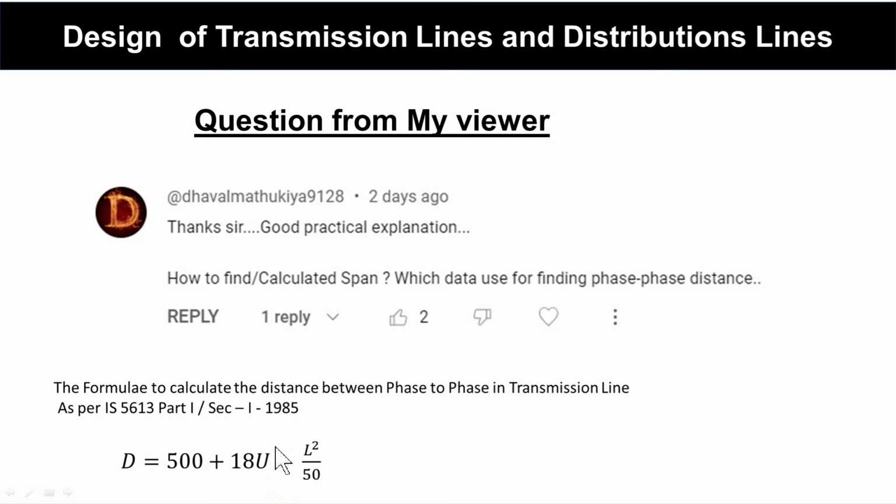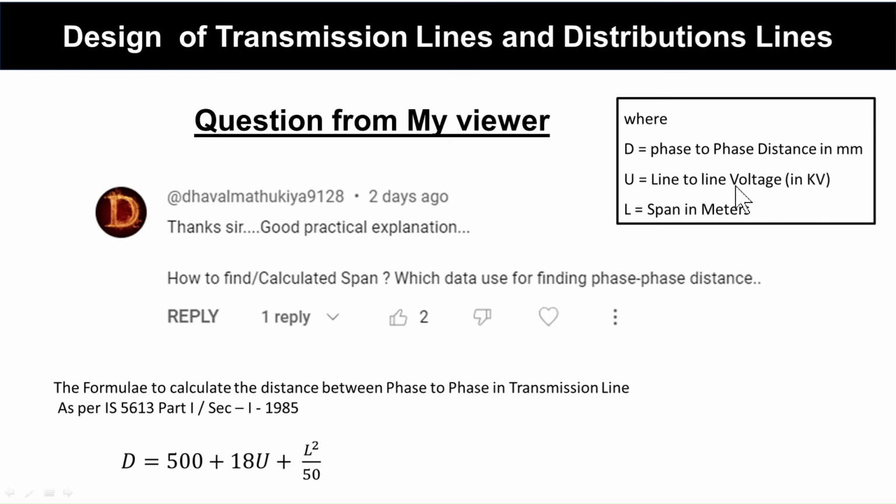One variable is U and another is L. U is the line to line voltage in kilovolt and L is the span in meter, that is the span of a transmission line.